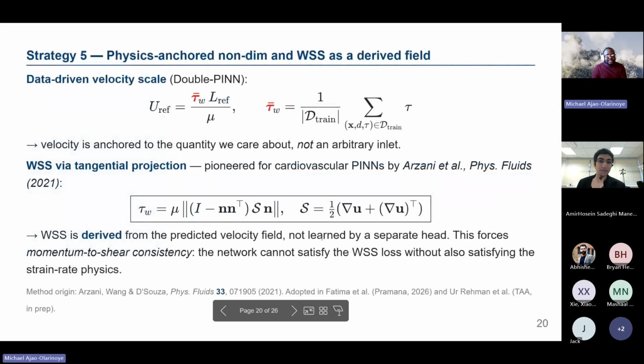And we add things like how to anchor the physics part using non-dimensionality scaling rather than the standard or min-max scaling methods that we use. And it's very important that the WSS tangential projection is quite good, which we discovered from, like I said, the Azani et al. paper on using it for computational physics.